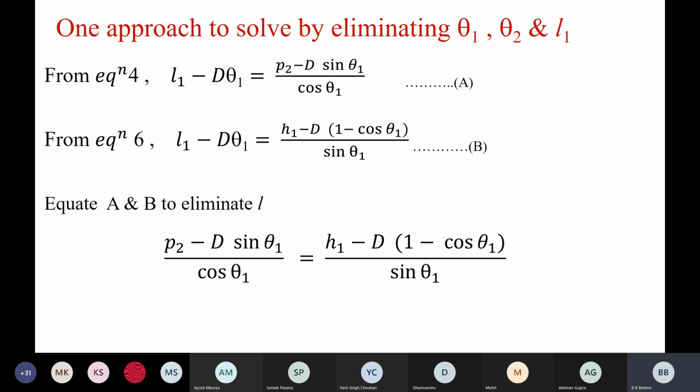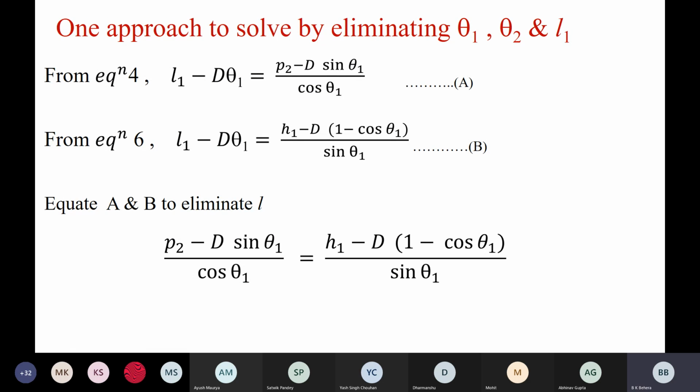So let us take the first approach. Let us take equation number 4 and equation number 6. So equation number 4 will give L1 minus d theta 1 is equal to P2 minus d sin theta 1 over cos theta 1. Let it be equation A. Similarly, equation 6 can be written in this way.